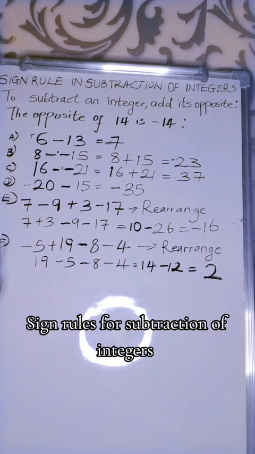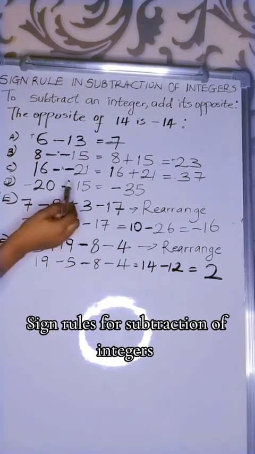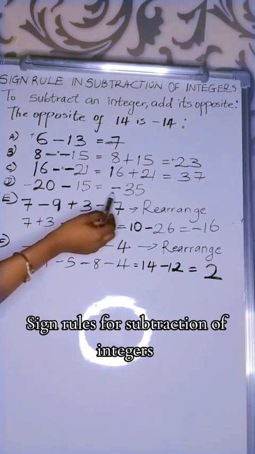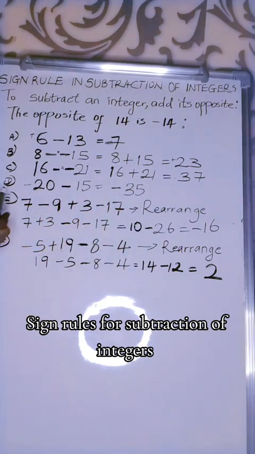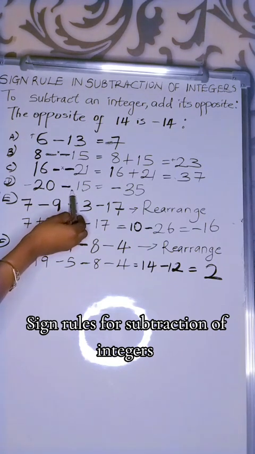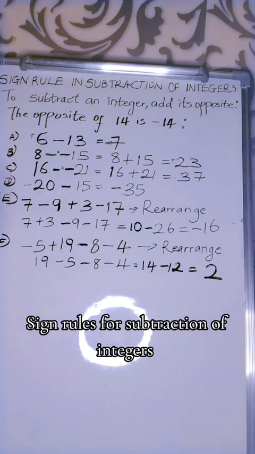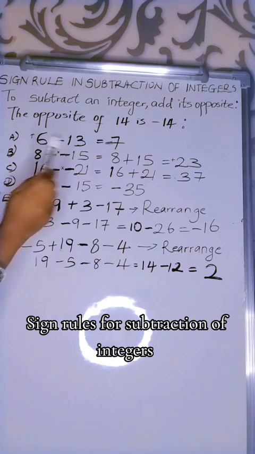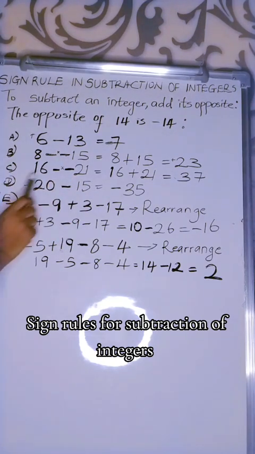Then for the fourth one, we have minus 20 minus 15 equal to minus 35. Based on our previous video, we said that when the numbers have the same sign, we do what? We add, irrespective of whether it's negative or positive. As long as both numbers have the same sign, we what? Add.